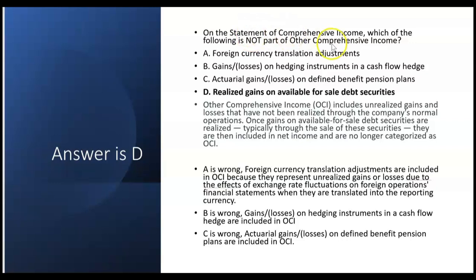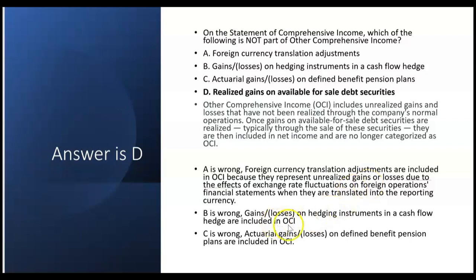So the question asks, which of the following is not part of OCI? And that would be any realized gains, like realized gains on available for sale debt securities would go on the income statement. Unrealized gains or losses on available for sale debt securities, that would be in OCI. But realized gains and losses, income statement. A is wrong, foreign currency translation adjustments, that goes into OCI because it's unrealized.